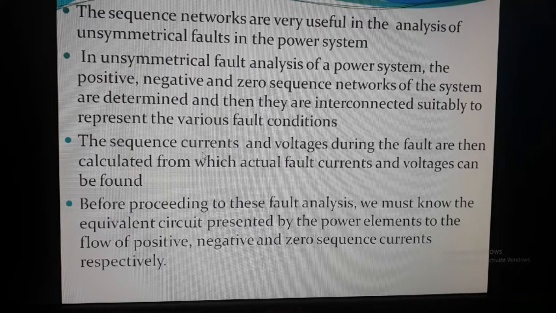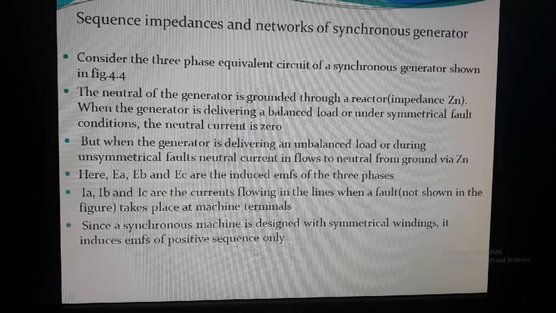We will first calculate the sequence currents and voltages during the fault, from which the actual fault currents and voltages can be found. But before actually going into fault analysis, first let us see how the equivalent circuit can be drawn when positive, negative and zero sequence currents flow through the circuits.